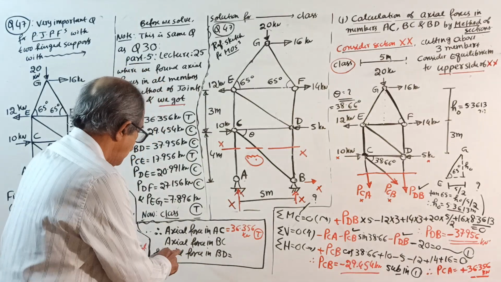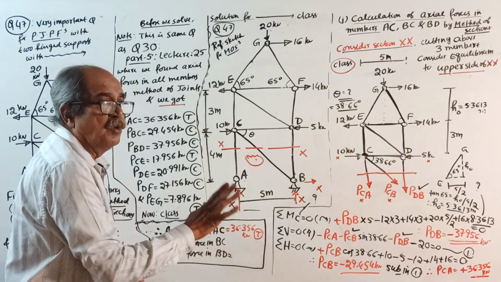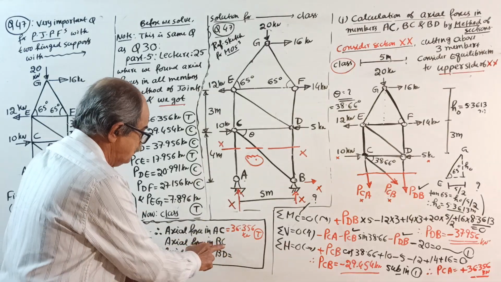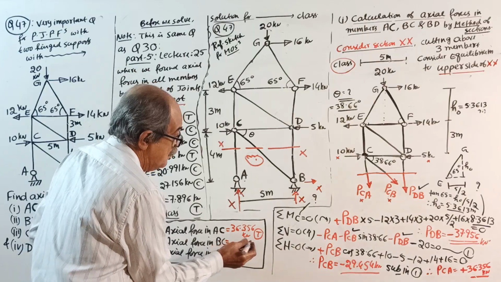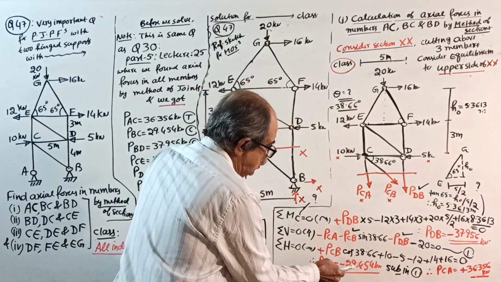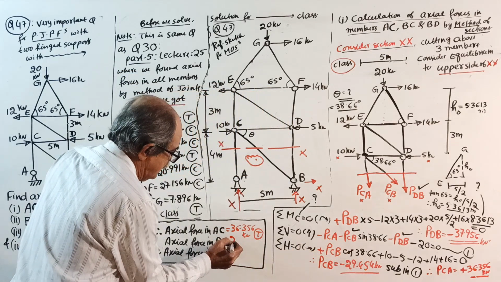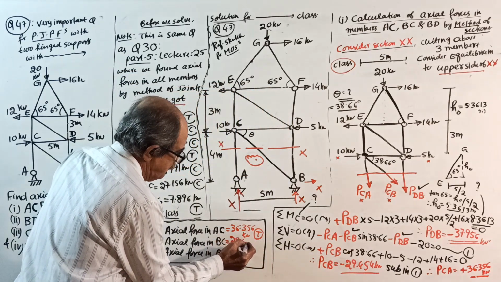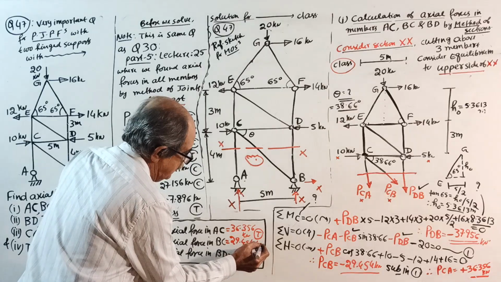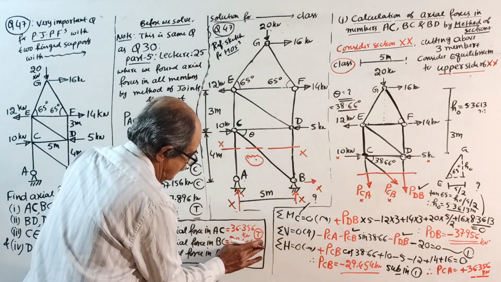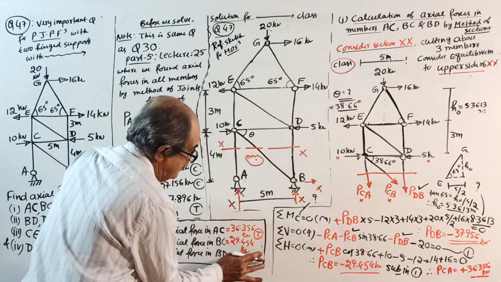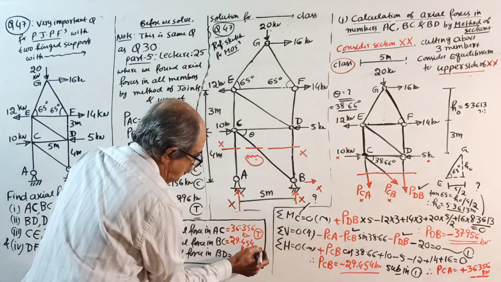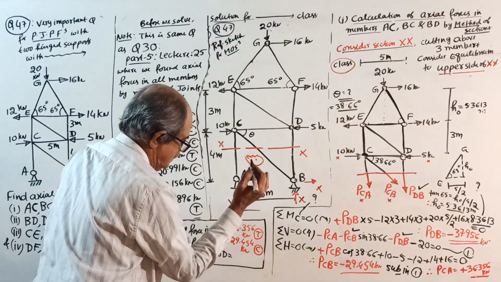Then axial force, no plus also, only numerical. Axial force in BC or CB is 29.454 kilonewton. The negative sign came, so it is compression.